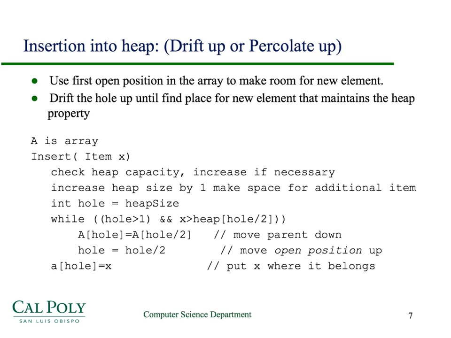And we keep doing that until either this doesn't hold, or we're at the top of the tree, hole is equal to the root, in which case we insert X into the hole. So take some time, make sure you understand how this pseudocode actually implements insertion, and in particular understand this loop down here that does the drift up or percolate up.